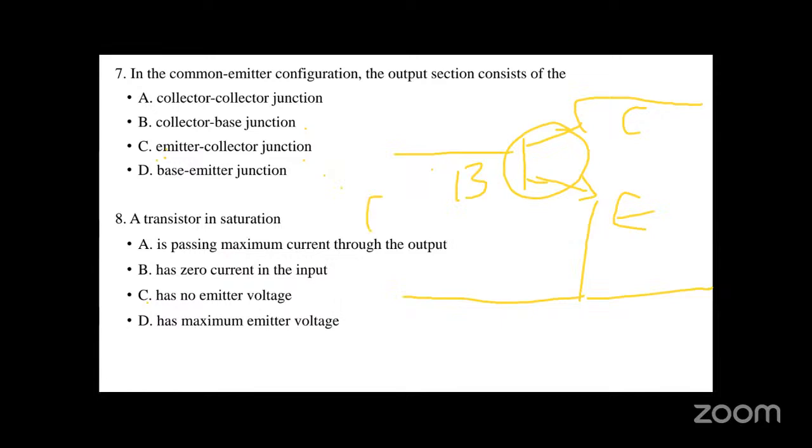So let's draw a circuit like this. This is emitter. This is the base, and this is the collector. Emitter E, collector C, and base B. So this is a common emitter configuration. In that case, this is the input, while this is the output.